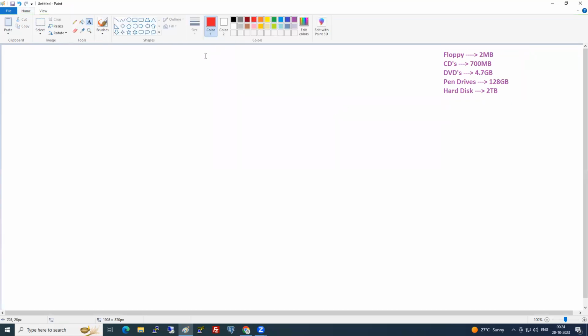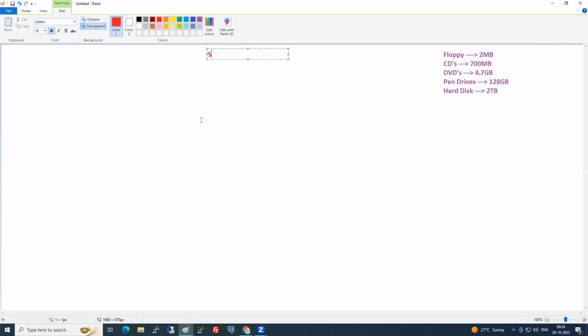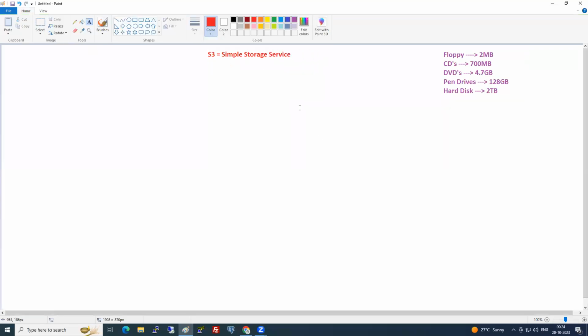What is it? S3 means Simple Storage Service. Say that one more time. This is a pakka certification question, right? S3 means Simple Storage Service.